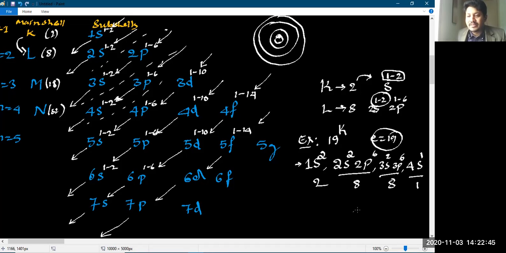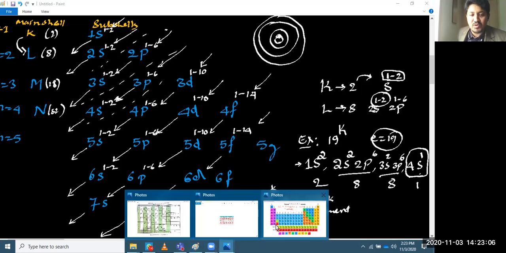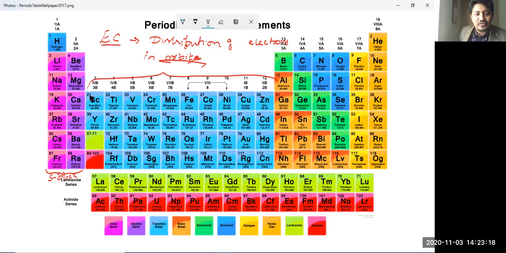Now look here, the outermost electron filled in which subshell? The S subshell. Hence potassium, atomic number 19, belongs to the S block. What is the meaning of S block? Look here. The first 2 groups we call S block elements.